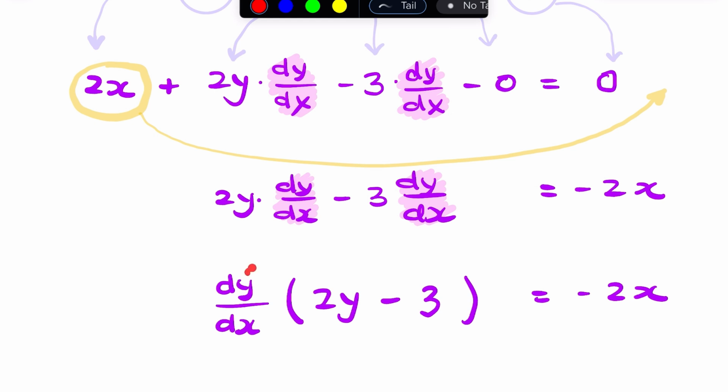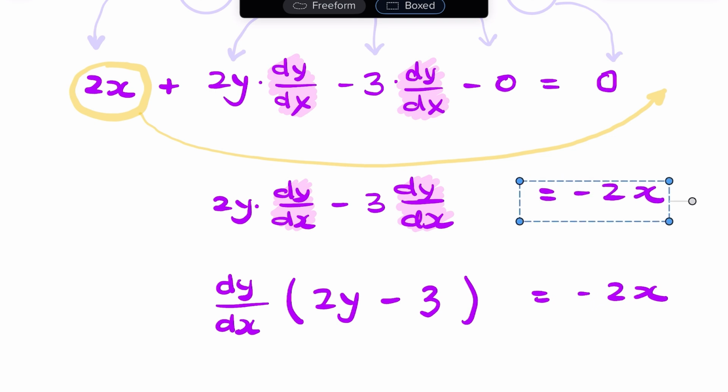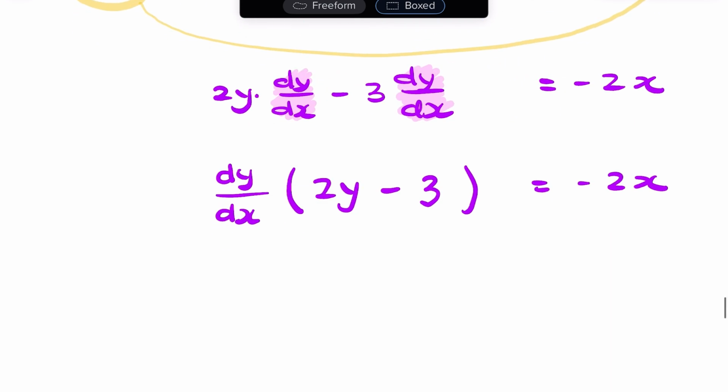So that if we were to expand the brackets again, we would get this back again. So now our expression looks a little bit closer to where we want it, because in the end, we want dy by dx on its own.